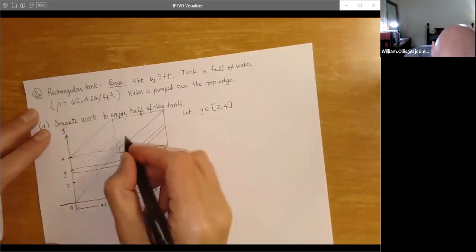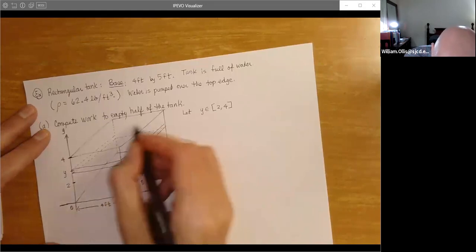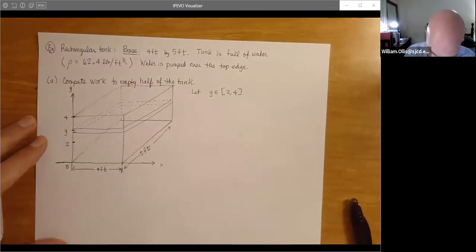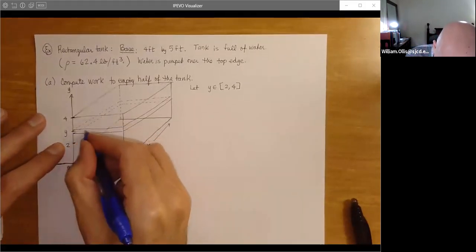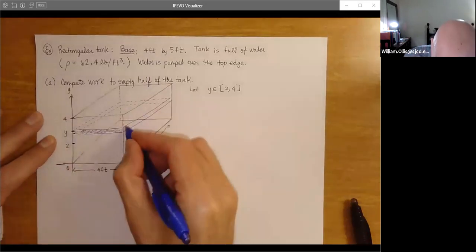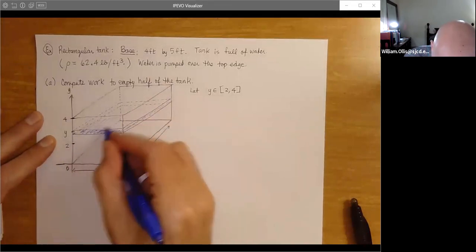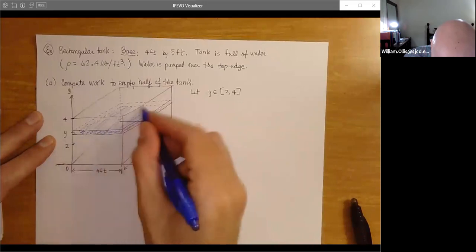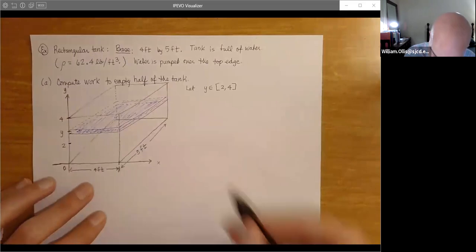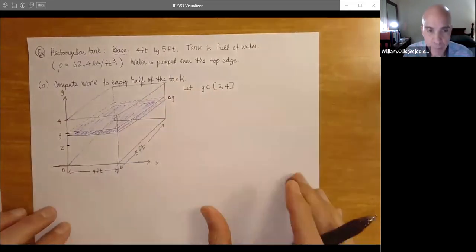Again, this is just giving you a visual of the geometry. And so we think of this as a slab of water. Here's our slab of water. And then, of course, it has a thickness delta y.